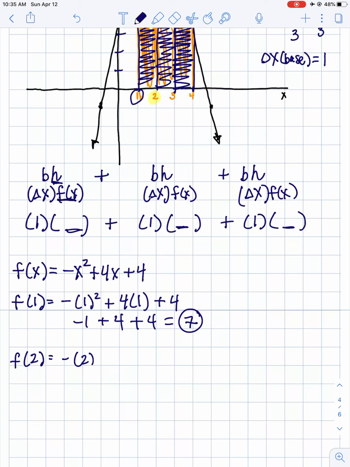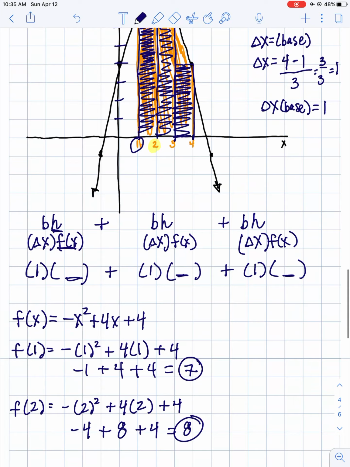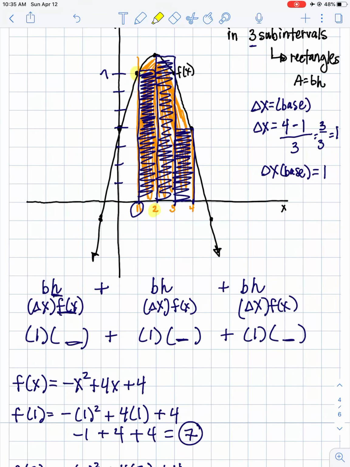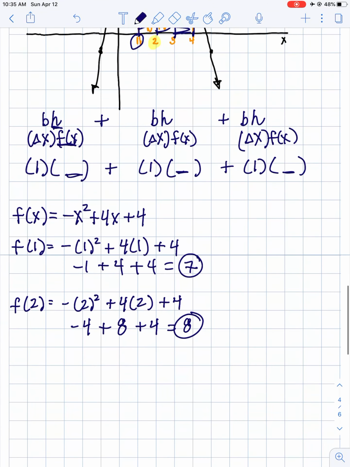So the next x value we're looking at is positive 2. So f of 2 would be negative 2 squared plus 4 times 2 plus 4. So that'll be a negative 4 plus an 8 plus a 4, which gives me 8. And if you go back and look up again, take a look right there.